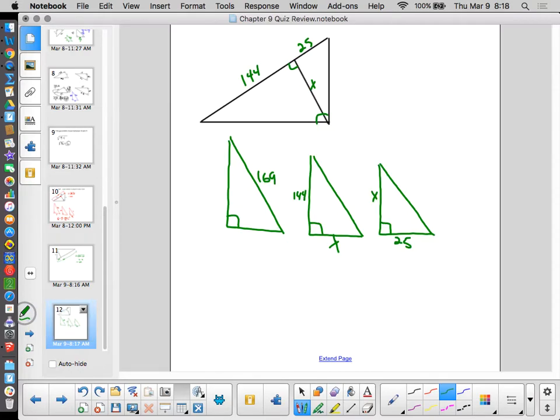And again, pretty obvious how it sets up, 144 over x equals x over 25. So x squared equals whatever 144 times 25 is. 3600. Okay. So x equals 60, taking the square root of both sides to solve it.